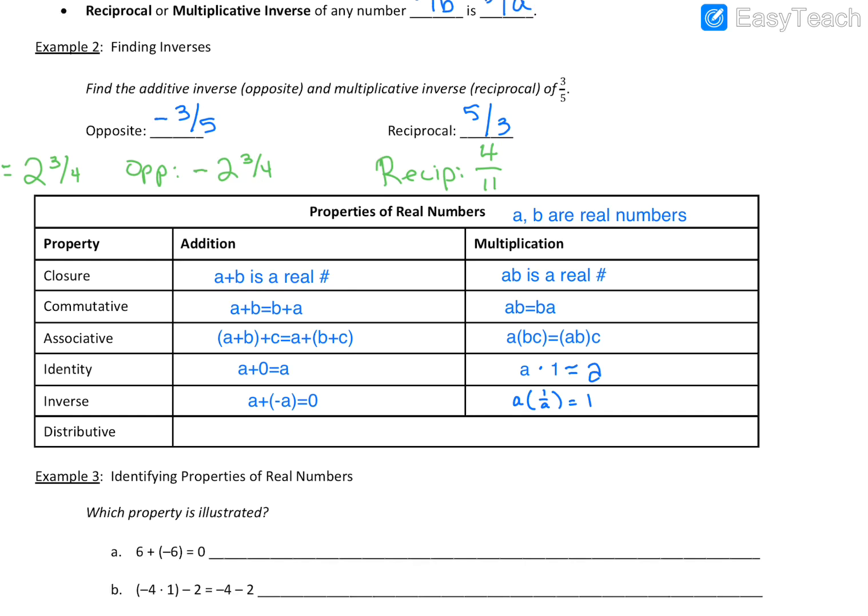When you are multiplying, the inverse property would be multiplying by the reciprocal. A is A over 1 technically, so the reciprocal of it would be 1 over A. So if you have A and multiply by the reciprocal, that will get you back to the identity, which is just 1. Okay, so that's the inverse, to undo something.